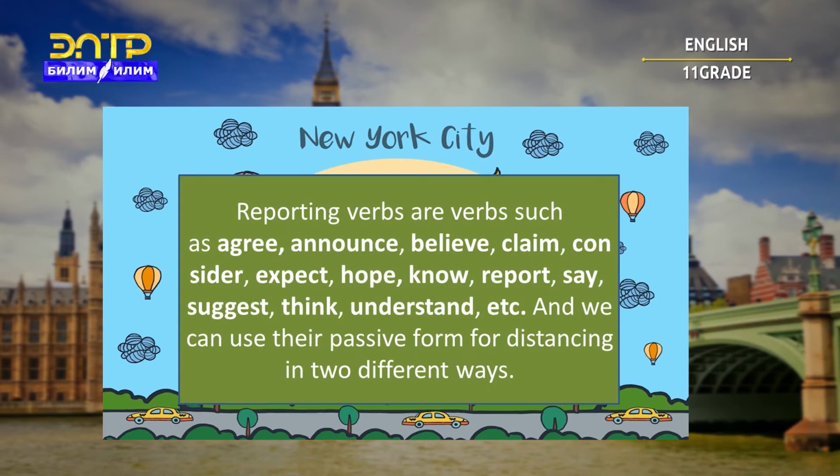Reporting verbs are verbs such as agree, announce, believe, claim, consider, expect, hope, know, report, say, suggest, think, understand, etc. And we can use their passive form for distancing in two different ways.